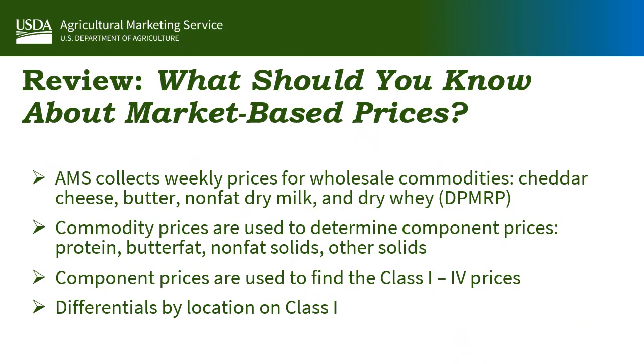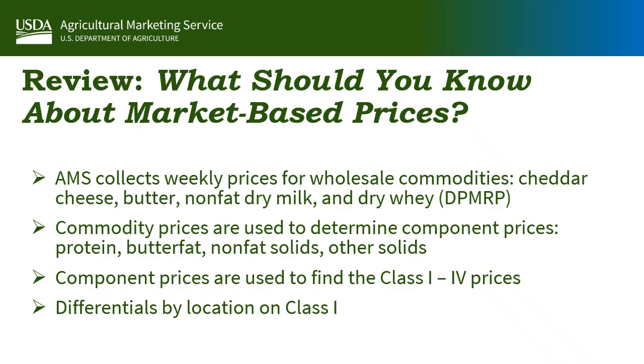Let's review what we've learned about market-based prices. The process begins when AMS collects weekly prices for commodity wholesale cheddar cheese, butter, non-fat dry milk, and dry whey. These commodity prices are then used to calculate the component prices of protein, butterfat, non-fat solids, and other solids.